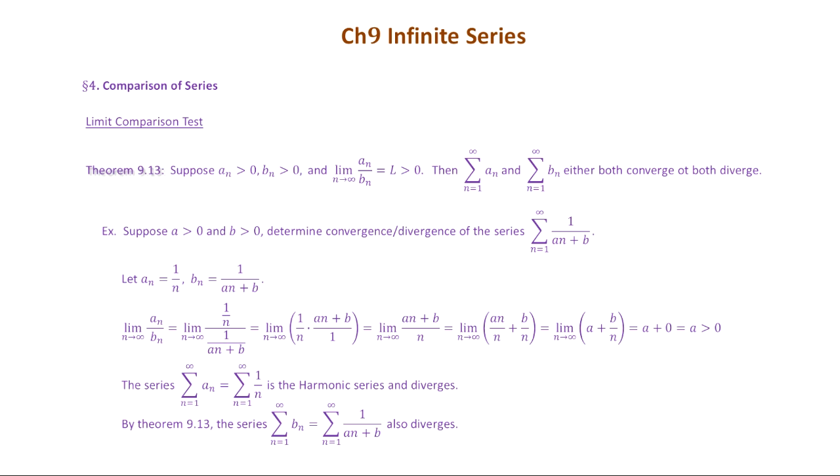Instead, we require the limit of the ratio of the two series to be a number greater than 0. It cannot be equal to 0. It has to be greater than 0. All right, that's the important thing in this limit comparison test. So you take the limit, and that's why it's called limit comparison test.